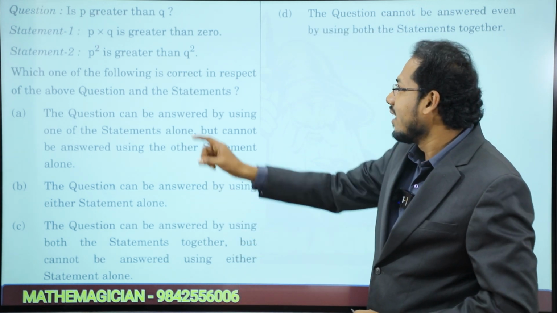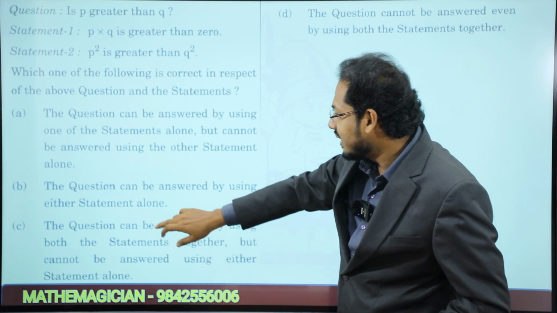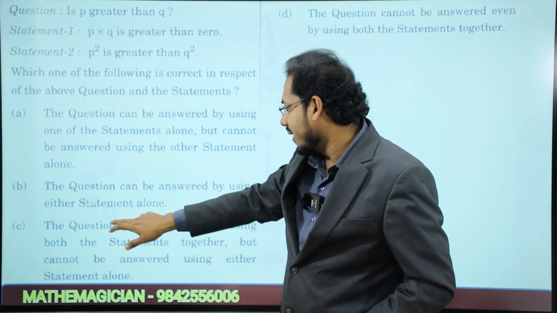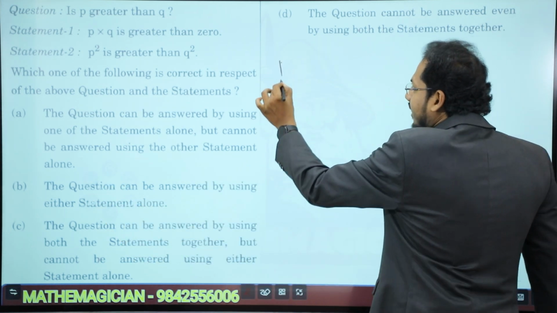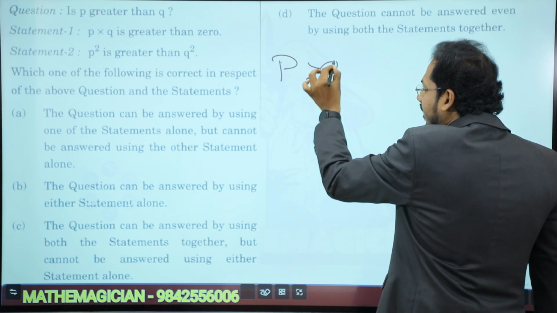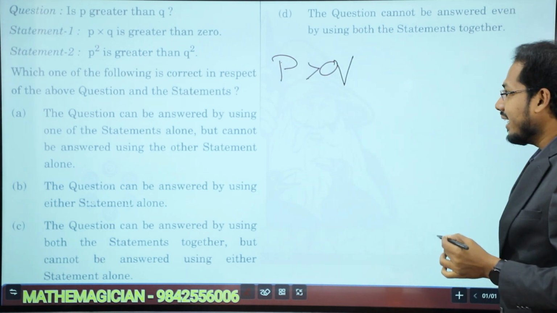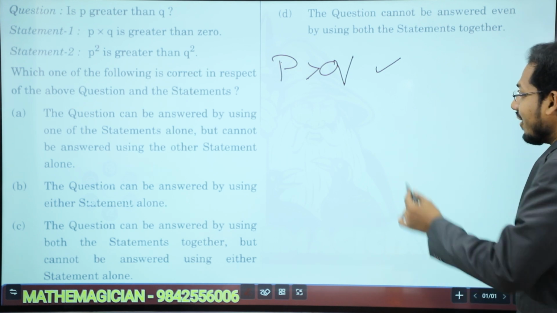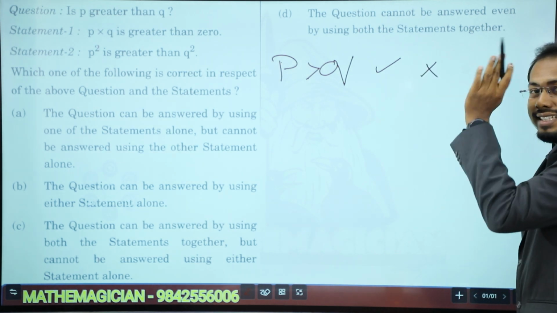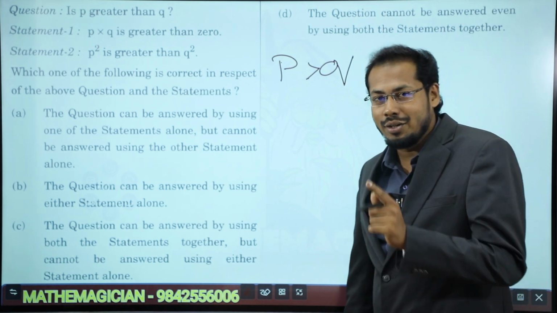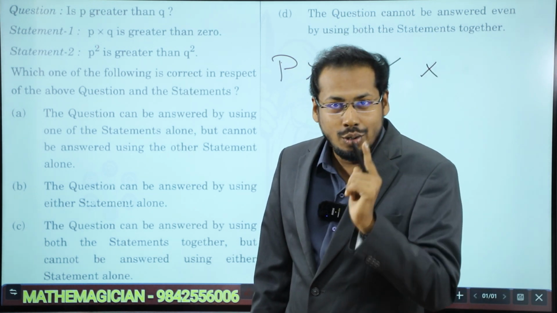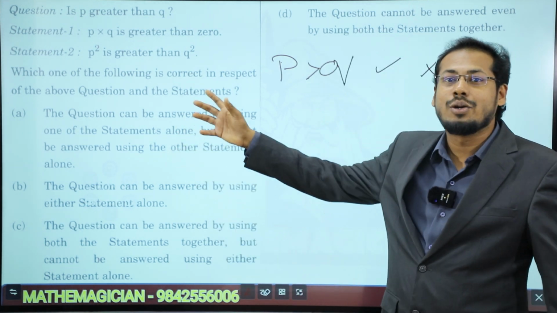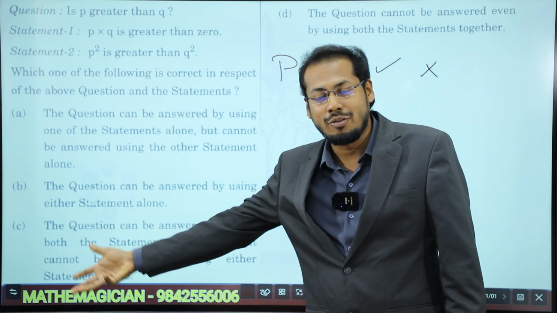Either you say that P is greater than Q is right. See, they are asking whether P is greater than Q. So you can say, yes, this is right, this is an answer, or else if I say no, this is wrong, this is also a right answer. Either you need to say yes or no. This is called a yes or no data sufficiency type question.